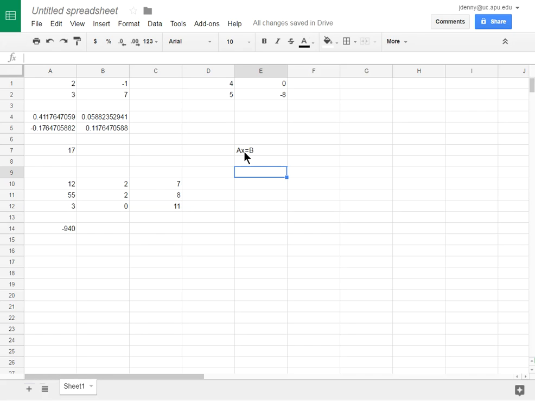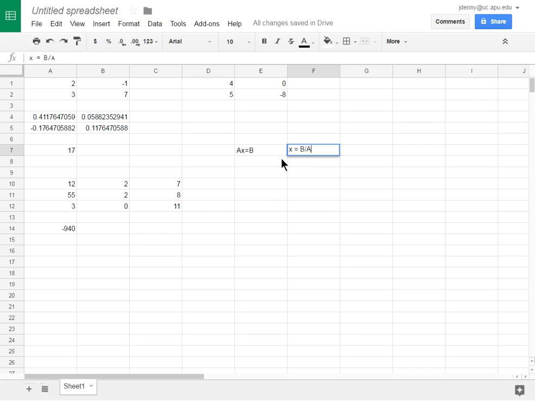And so what we're trying to figure out is, what does X have to be in order for A to multiply it to give you the B matrix? And so this can be a little more complicated than what you're used to with normal math. Usually you see a formula like this and divide both sides by A. X equals B divided by A. But you can't do that with matrices.